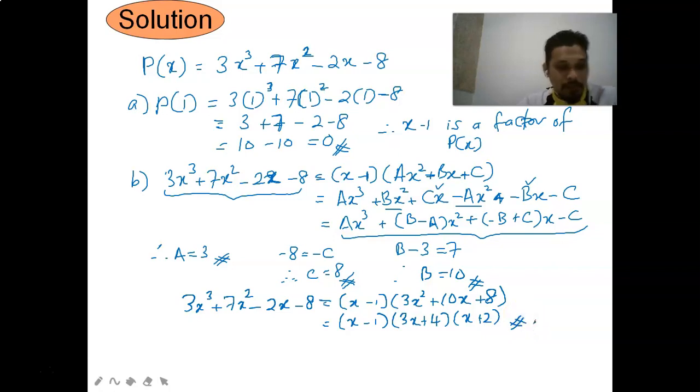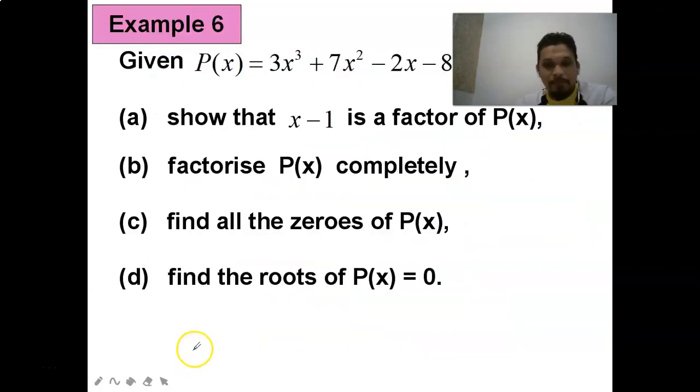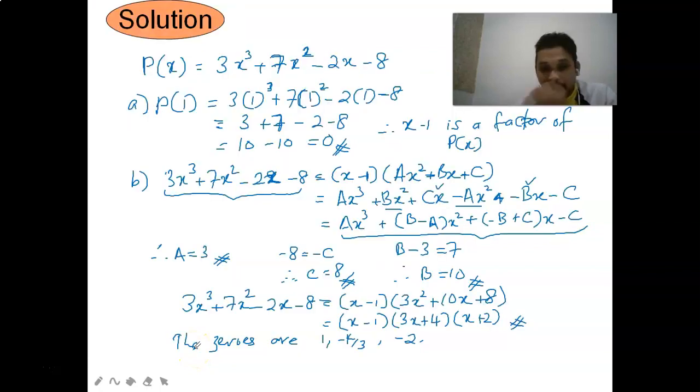So from here, the zeros are 1, negative 4 over 3, and negative 2. And look at the question part D then: find all the zeros and find all the roots of P(x).